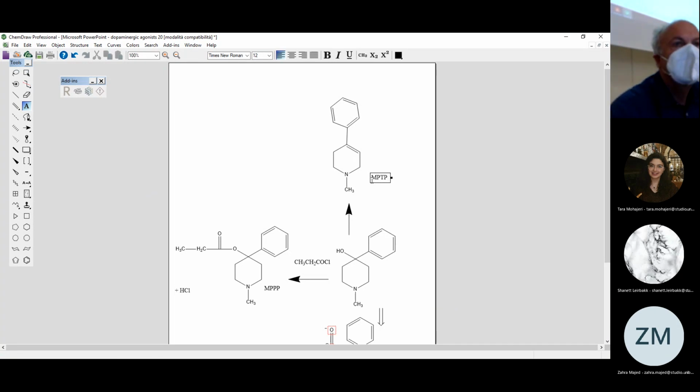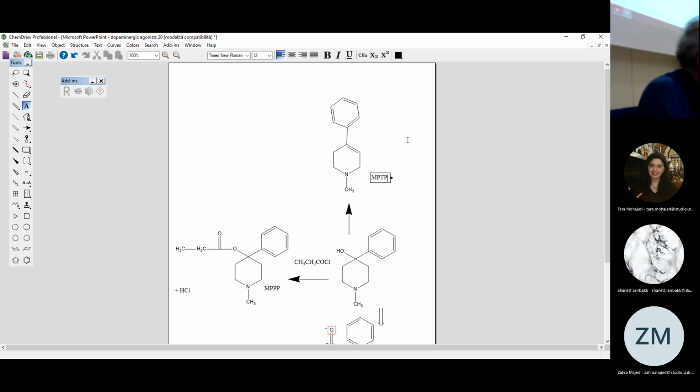M means methyl, P means phenyl, TP is tetrahydropiperidine, just to indicate the double bond.